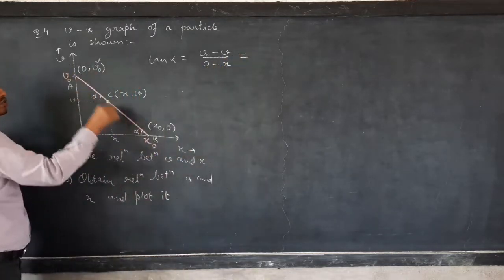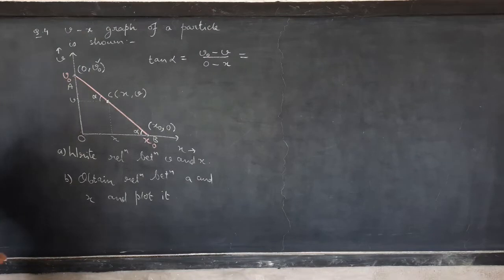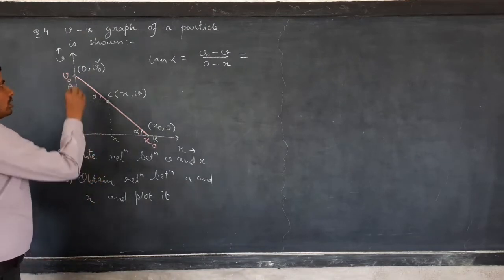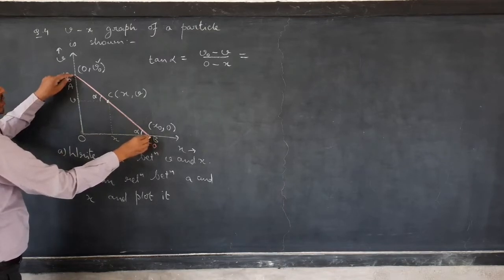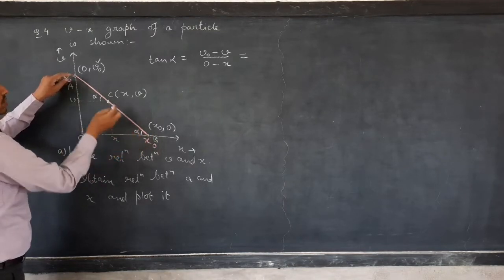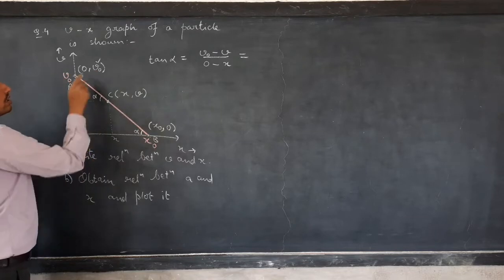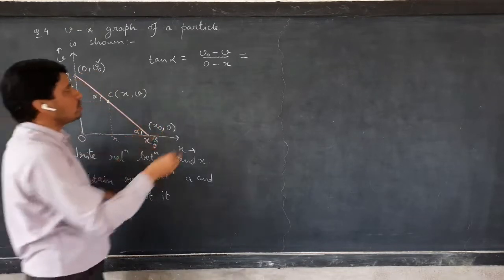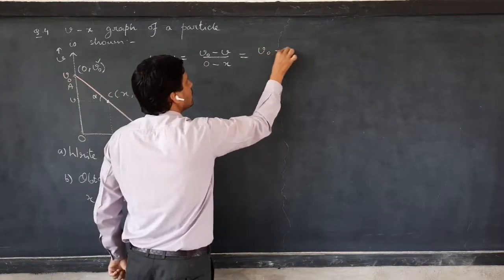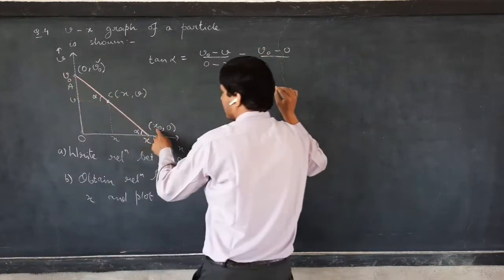the same thing for this part. So this tan alpha is this perpendicular by this base. We'll write the perpendicular and base in terms of the coordinates 0 x naught and v naught 0. So write v naught minus 0 upon 0 minus x naught.